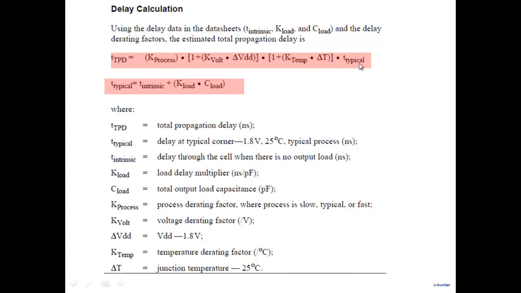What the manufacturer says is, to calculate delay under variations, what you should do is multiply it by these factors to arrive at delay values under variation. So one factor is process. Process could be a fast, resulting in a fast NMOS or a fast PMOS and all that. So one says there's a K process here. That's one thing. The other one is the effect of VDD change that you can see here. And the third one is the effect of temperature change.